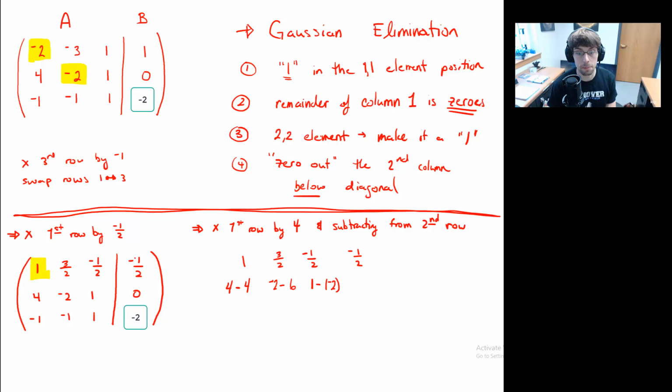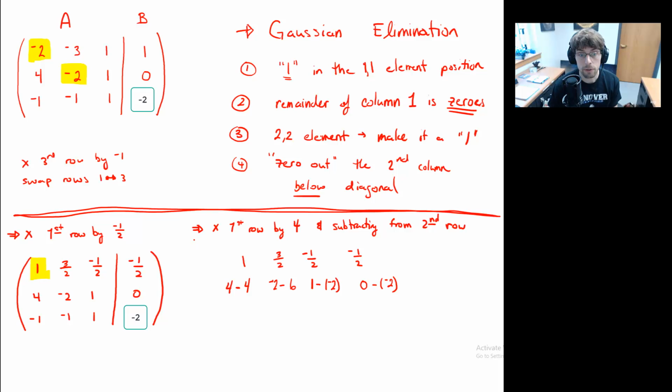And then I still have to keep going. I have a -1/2 times 4 gives me -2. And so I have 0 minus a -2. Right? Okay.